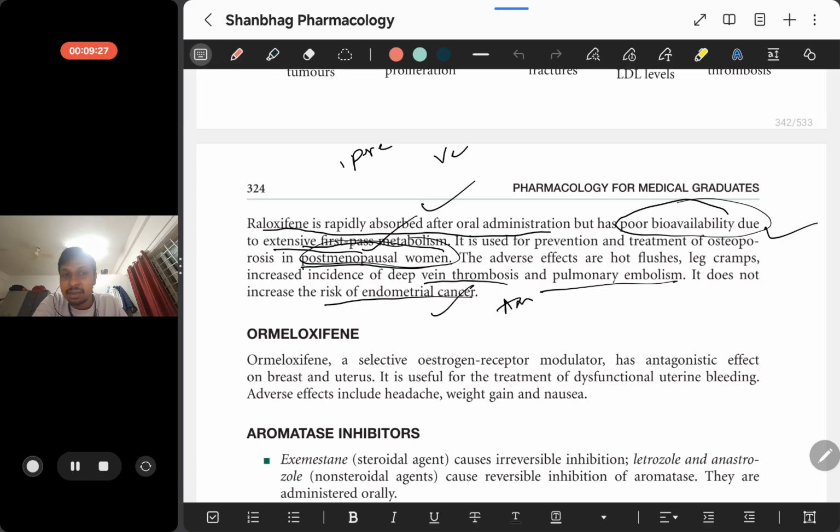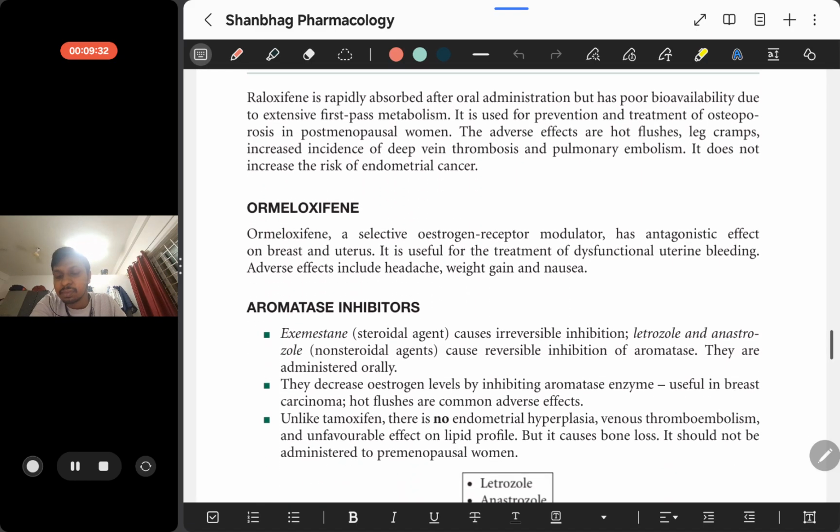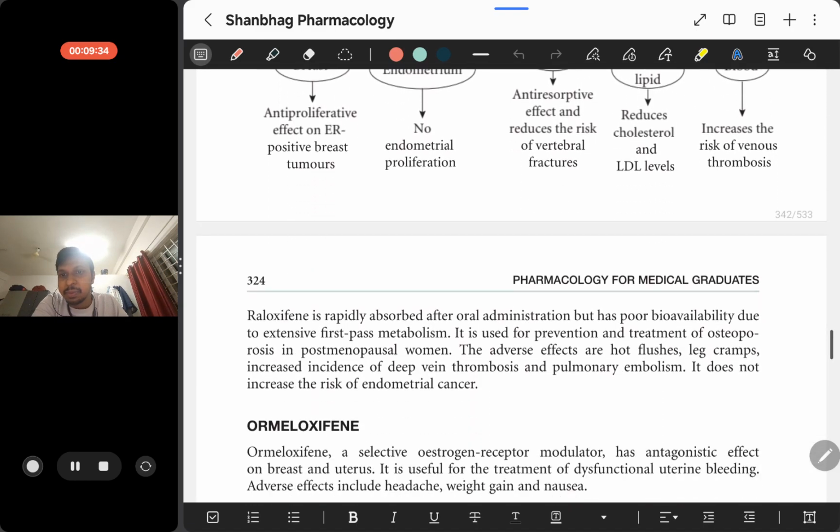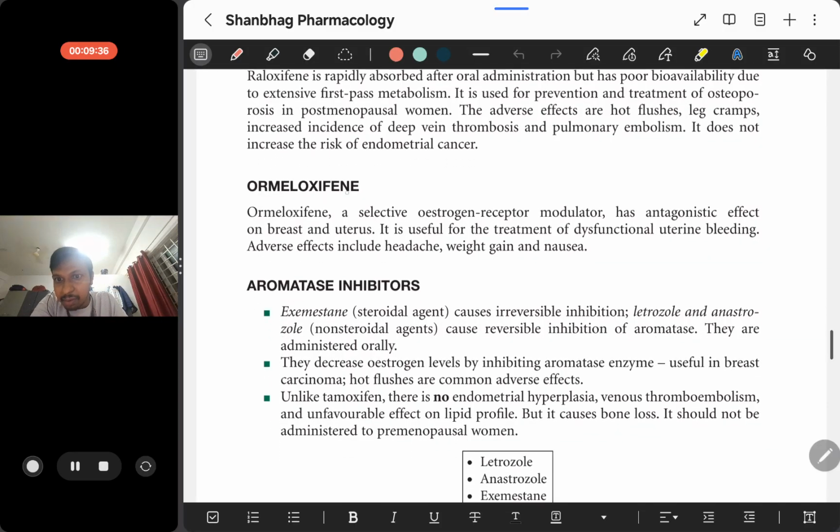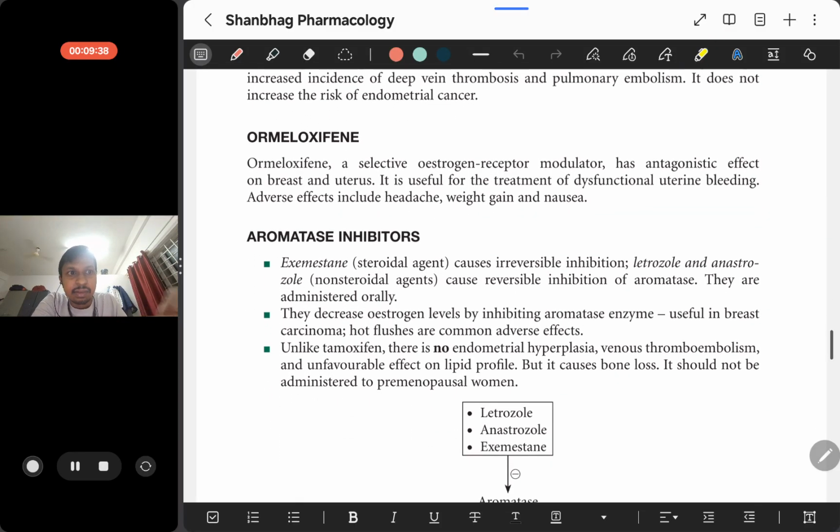Then one more drug among this group is ormeloxifene. Ormeloxifene is also a selective estrogen receptor modulator, a SERM. Here it has an antagonistic effect on the breast and uterus.